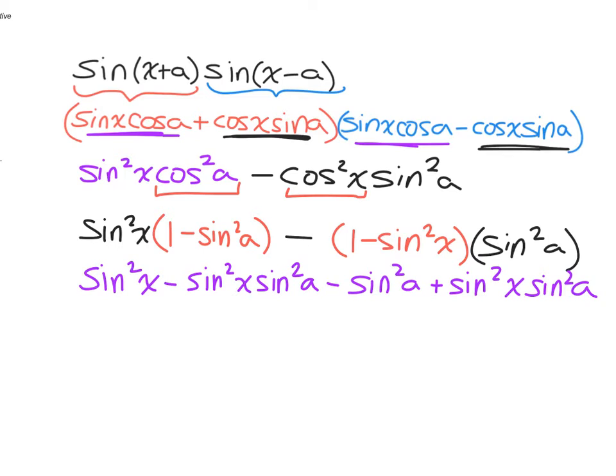For that last part, I distributed the negative and the sine squared a to each term, but I did it simultaneously. All right, when you take care of that next step, what happens? Cancel. Yeah, we have parts that cancel out, and fortunately, they're the most complicated parts. So sine squared x minus sine squared a is what that initial expression is equivalent to.